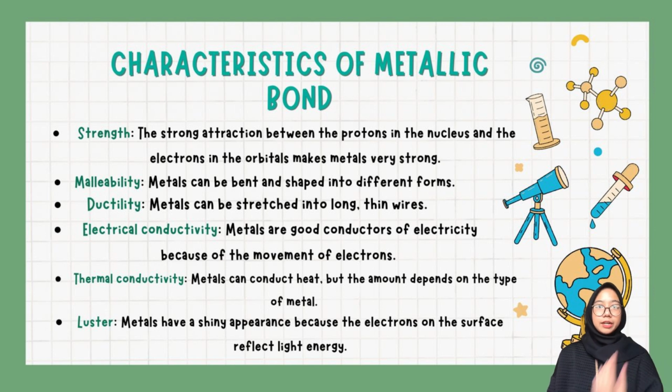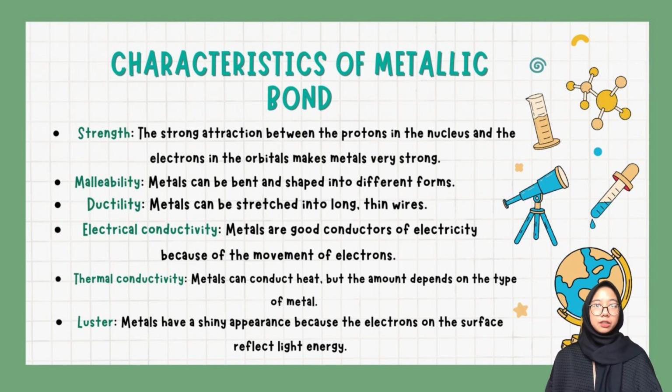So, here are the characteristics of metallic bond. First, strength. A strong attraction between the protons in the nucleus and the electrons in the orbitals makes metals very strong. Next is malleability. Metals can be bent and shaped into different forms. Next is ductility. Metals can be stretched into long, thin wires.